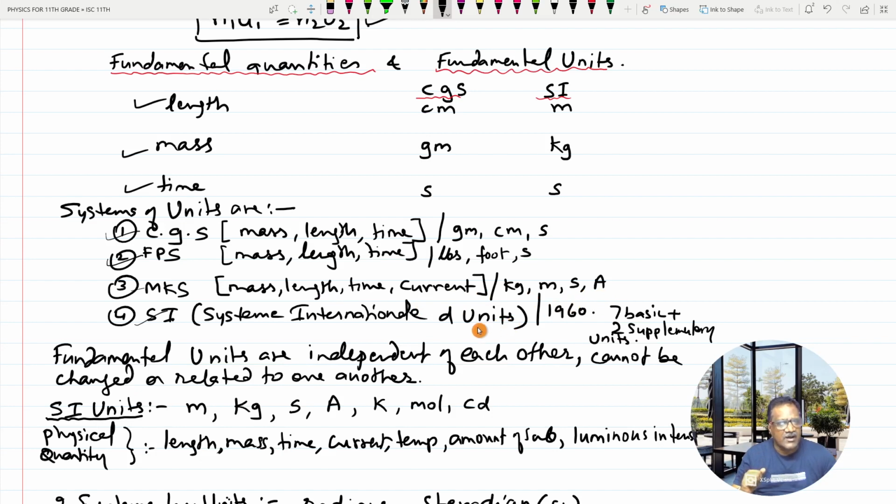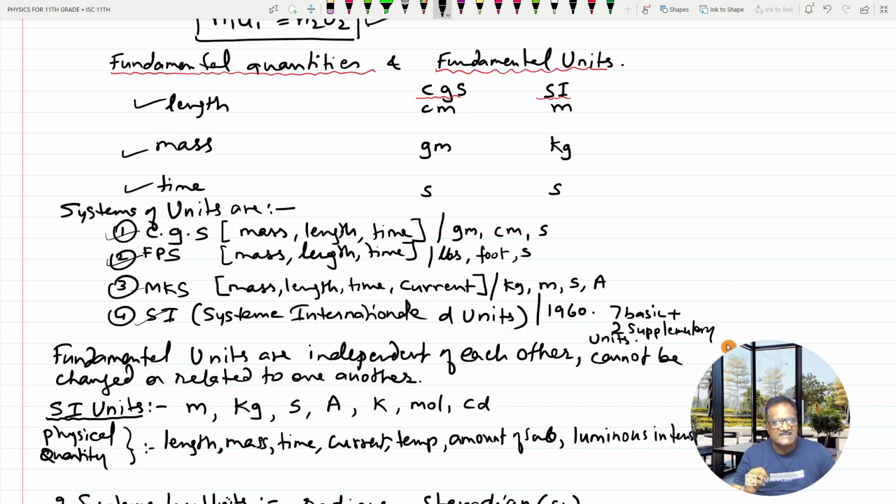But recently, a single system has been accepted throughout the world by everybody, and that is known as the SI system. SI stands for System International d'Unités. It was established in 1960, and since then it is the system accepted universally by each and every country, and till date it is working.